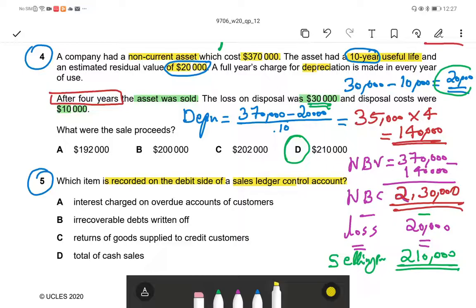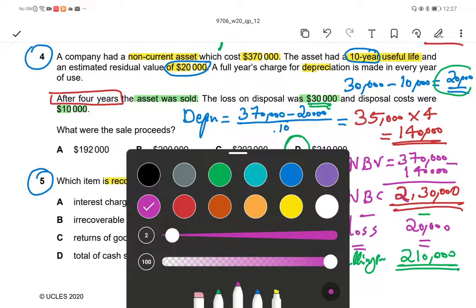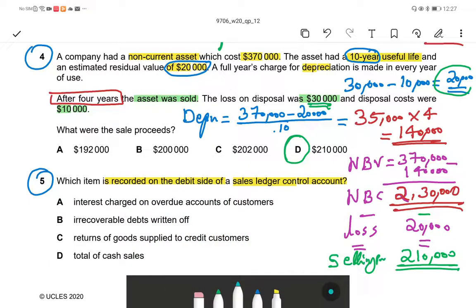So let's check the items. Interest charged on overdue accounts of customers. If the customers have not paid, we will add the interest to their owing money, so it will increase the debtors amount. So the correct answer is option A.